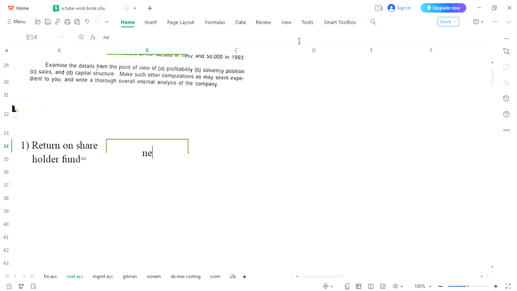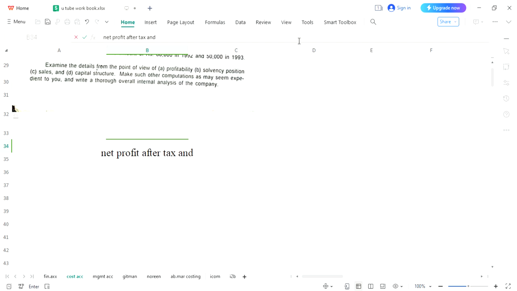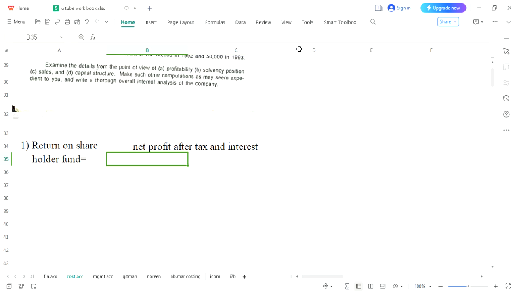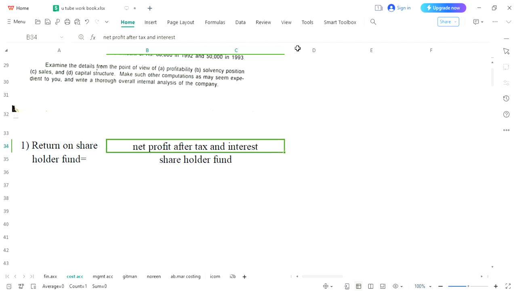For that we need net profit after tax and interest, profit after tax and interest, and then you need to divide it by shareholder fund. So this is the formula for return on shareholder fund. Let's put a divisor between these two factors.